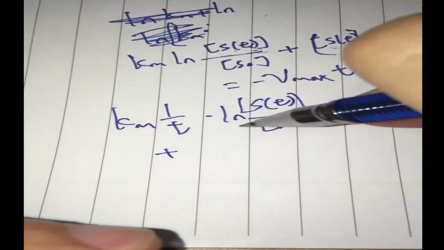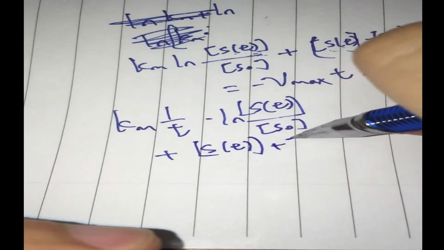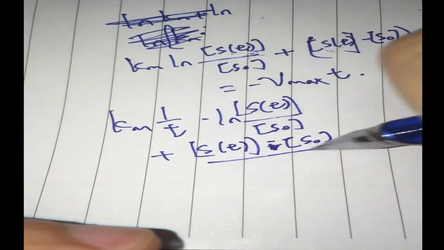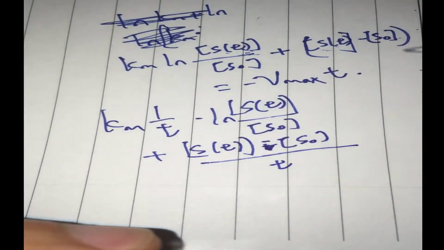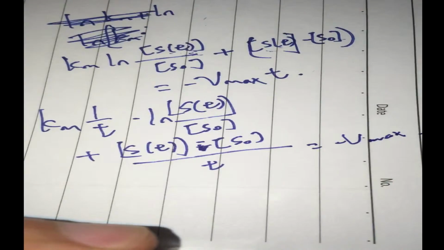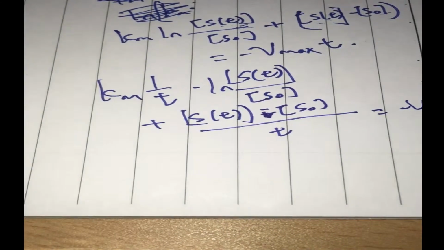That's the first term, let's add it to the second term. Oh, this should be a minus S naught over T. On the right hand side, it will just be Vmax left. Alright, so we are almost there.